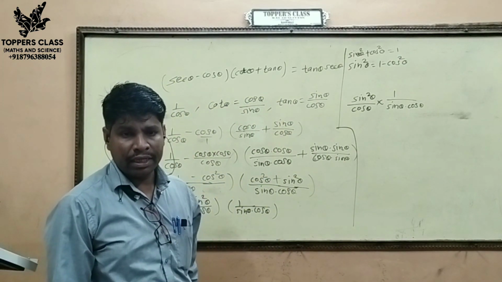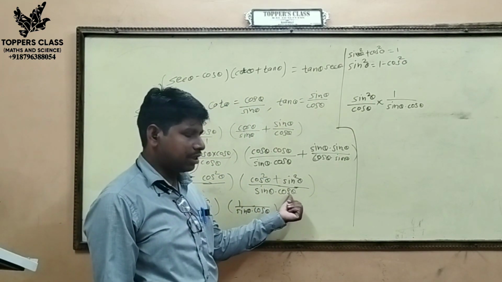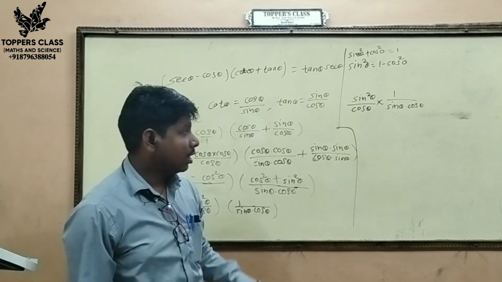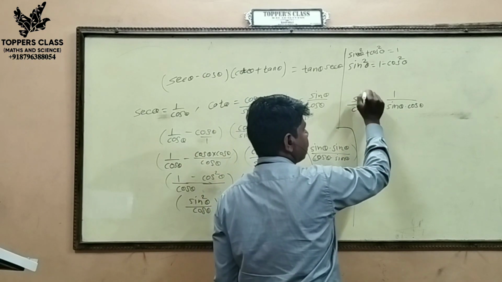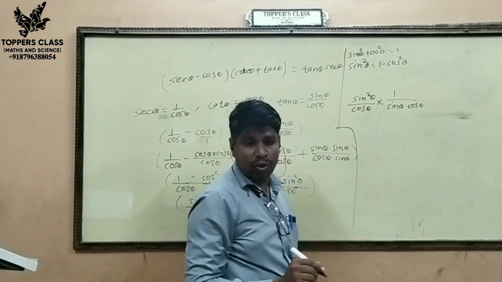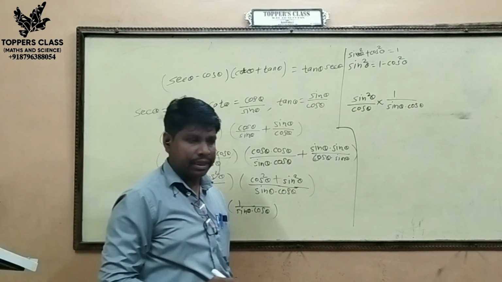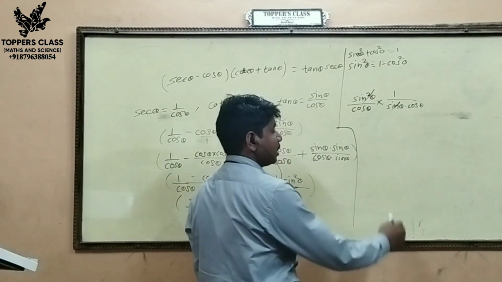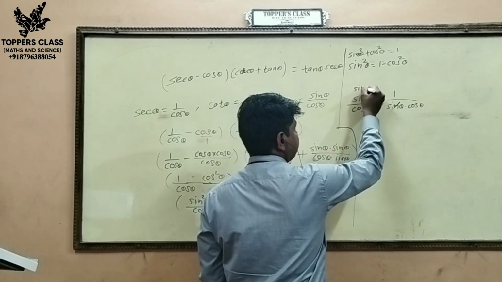Sin theta into cos theta remains as it is. Now sin square theta means what? Sin theta into sin theta. So we'll divide this. Sin theta into sin theta, here only sin theta remains.